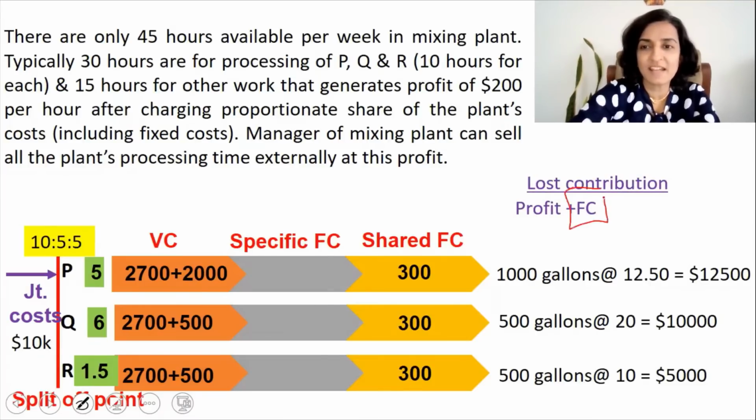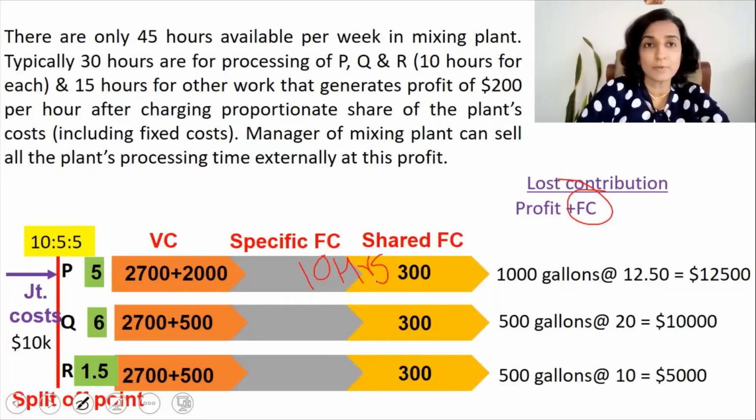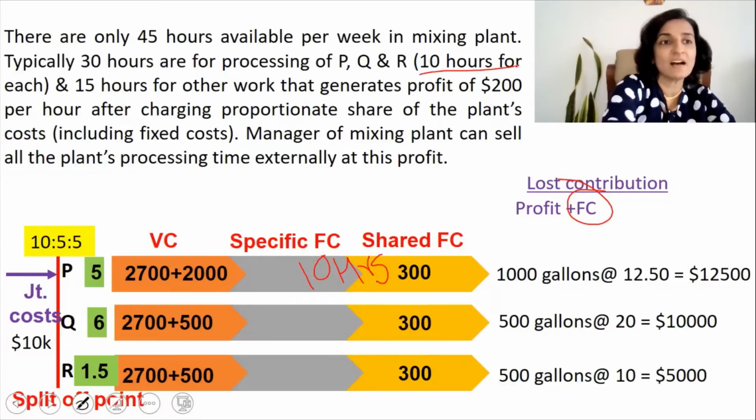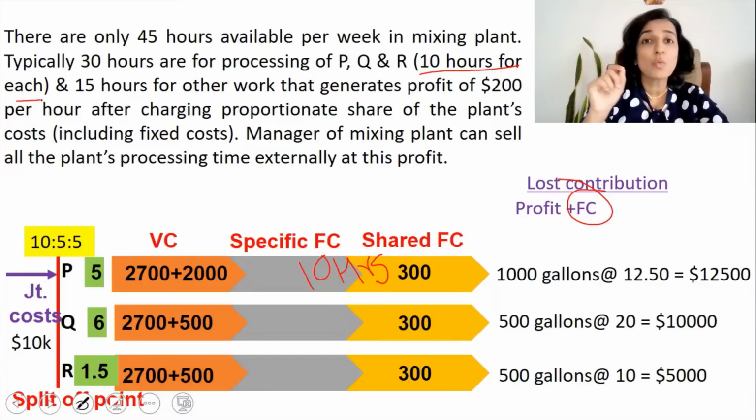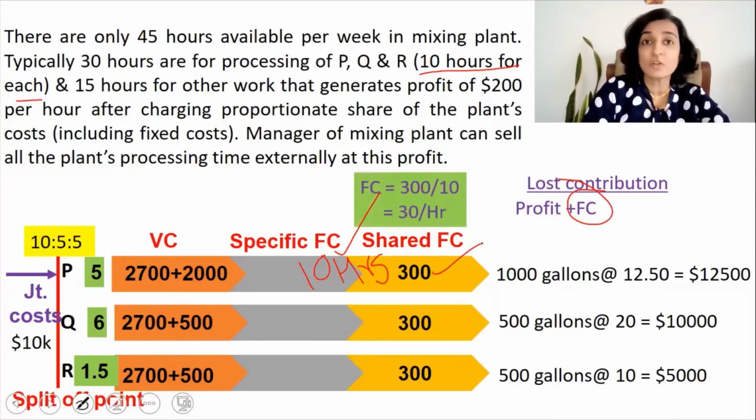So we will first calculate the fixed cost per hour. We know that product P takes 10 hours for further processing because it is mentioned 10 hours for each product. So what is the fixed cost per hour? 10 hours, $300. So per hour, fixed cost is 300 divided by 10 or $30 per hour.